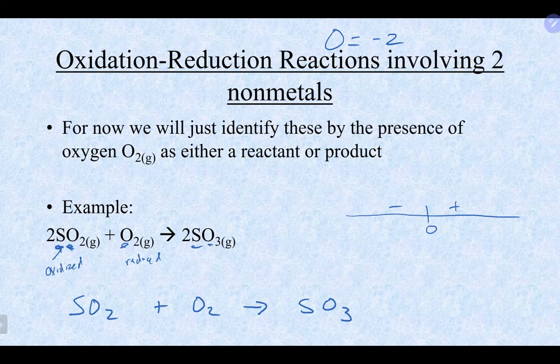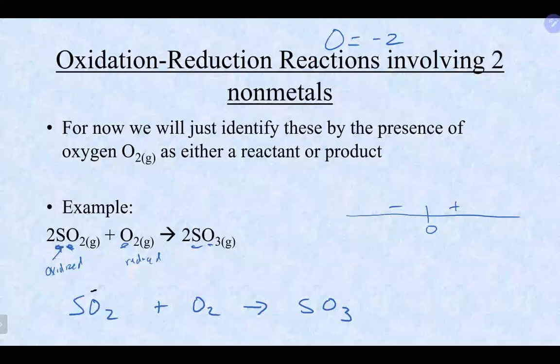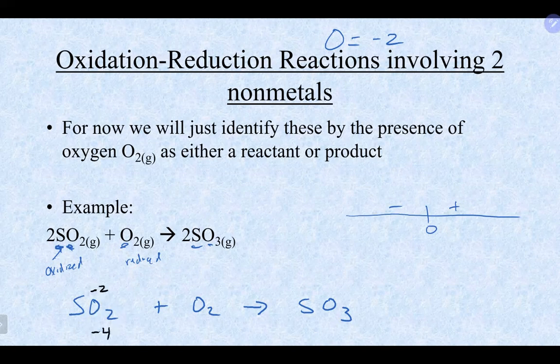Whenever you've got oxygen, that's definitely the place to start if you want to assign oxidation states and figure out what's going on. So the oxygen here in the SO2 would be -2, and there's 2 of them, which gives you an overall -4 charge. In this case, SO2 is neutral, which means the oxidation states need to add up to 0.